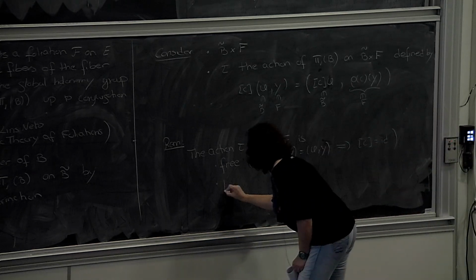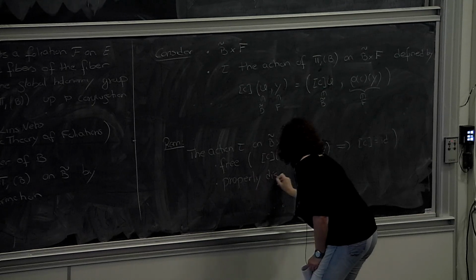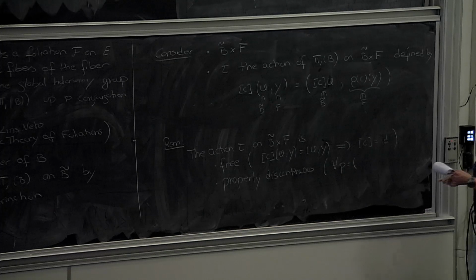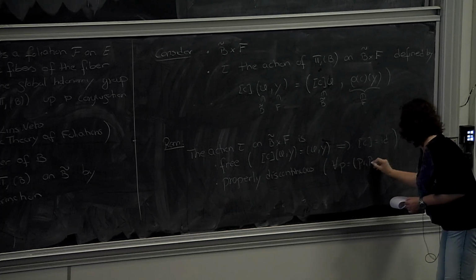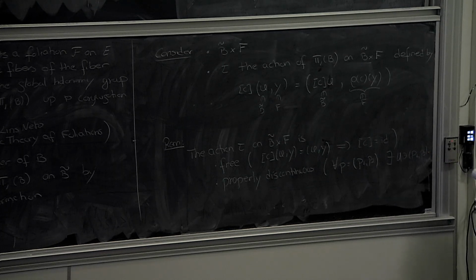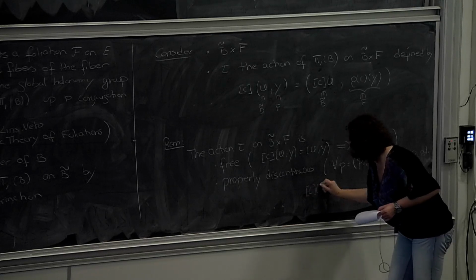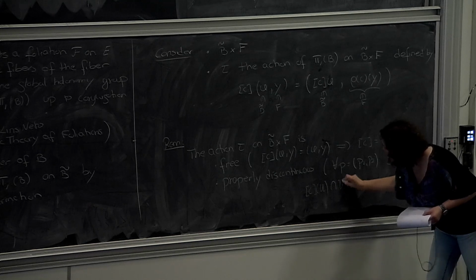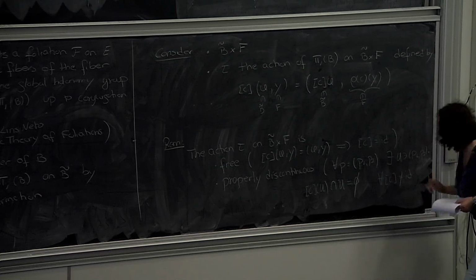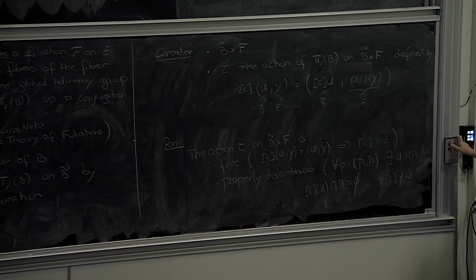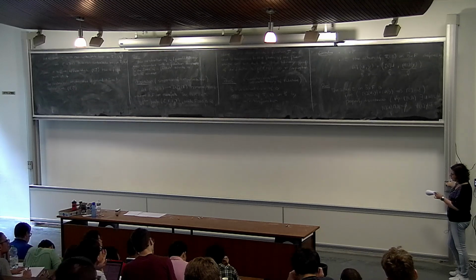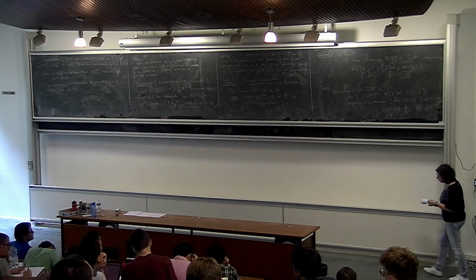And it is properly discontinuous, which means that for every point (x, y) that we fix, there exists U, a neighborhood of this point, such that the image by C of U intersection with U is empty, for every C that is non-trivial. And these conditions follow immediately from the conditions of the action of the deck transformation.